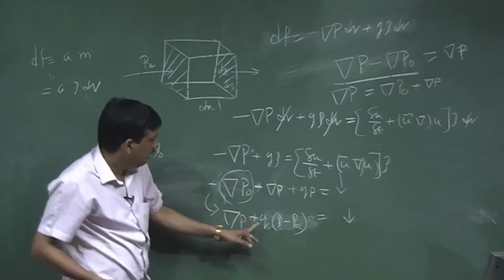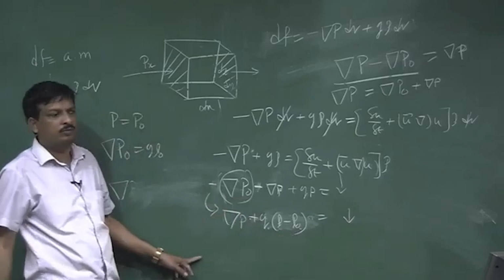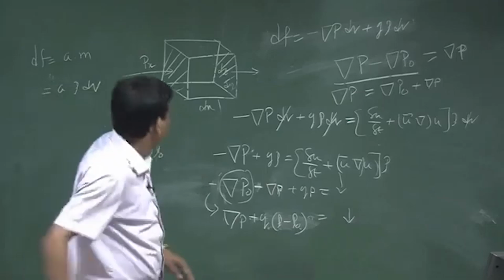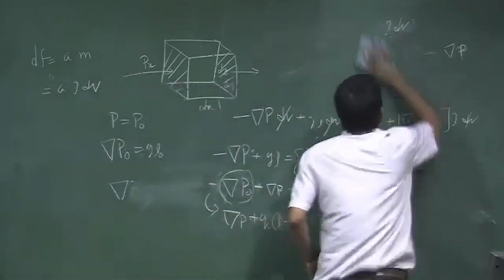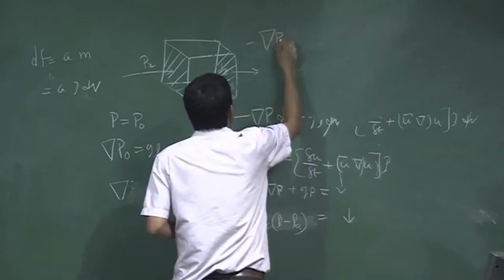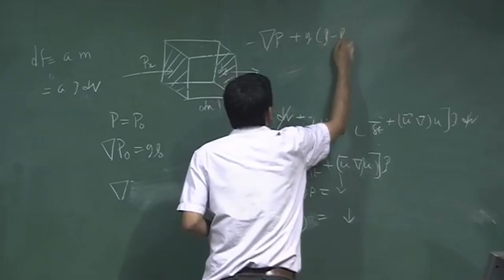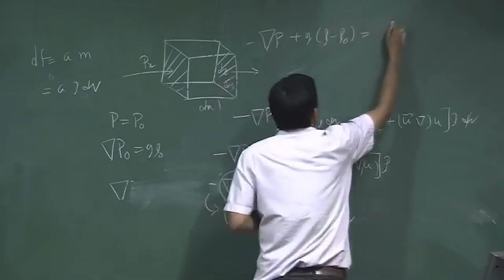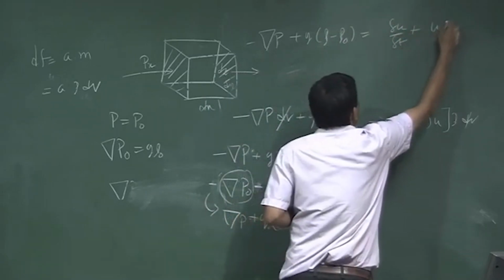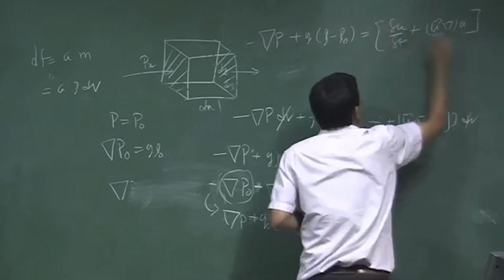Okay. Now, g into rho minus rho 0, if I divide both sides by rho 0, what will happen? Both sides I divide, so my equation becomes: acoustic pressure plus g into rho minus rho 0 is equal to del U by del T plus U divergent of U into rho.